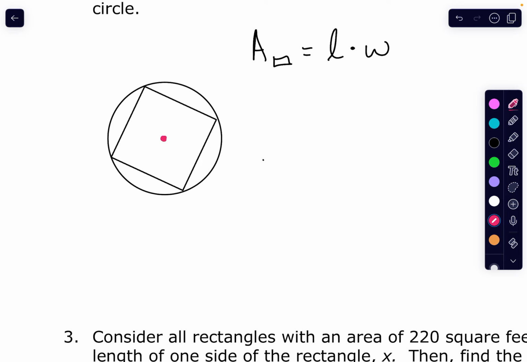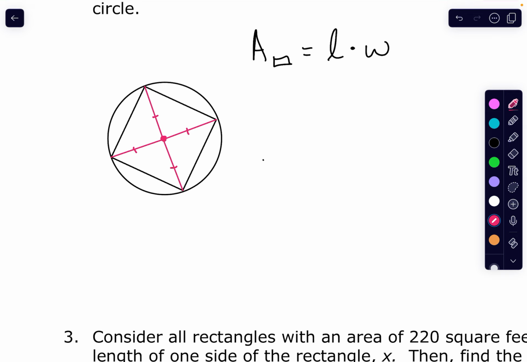Here's the center. The definition of a radius is the distance from the center to the perimeter. So we get this segment. This is also a radius if we look around this way. And if we divide up the shape into 4 congruent parts, we can do that with our radius. Strictly by the definition of a radius, we know that these are all congruent.